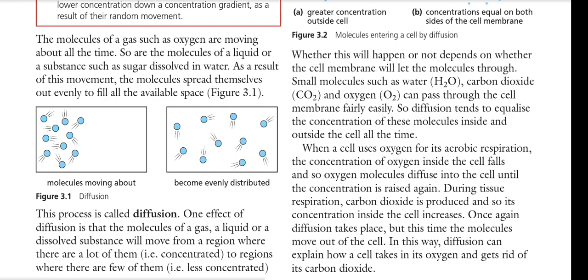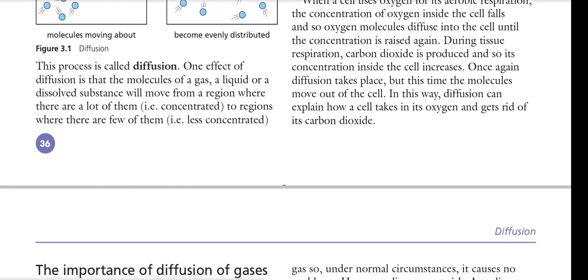So new oxygen comes through diffusion and enters the cell until it is replenished thoroughly. After that, carbon dioxide accumulates inside the cell as it is produced in respiration. So we have to get rid of it, and our cells diffuse carbon dioxide out of the cells.